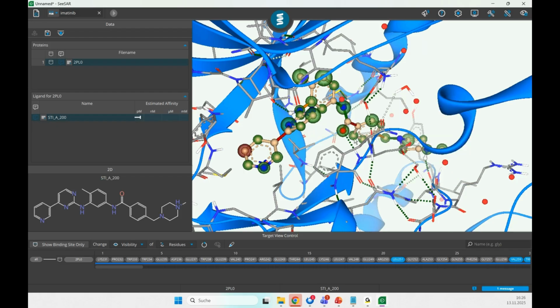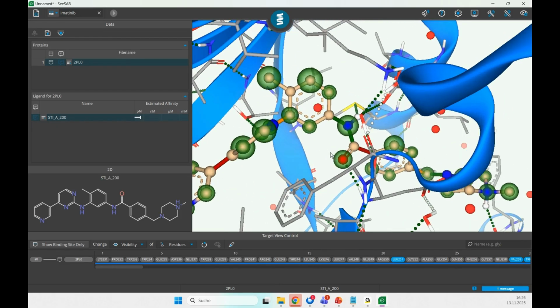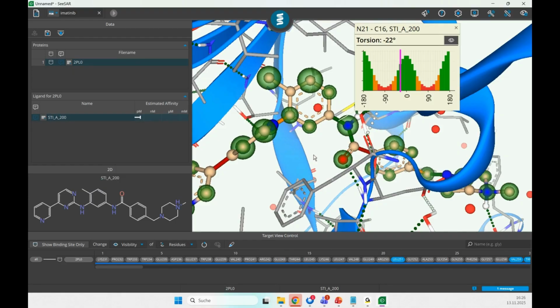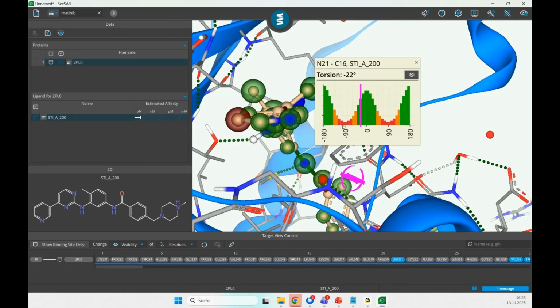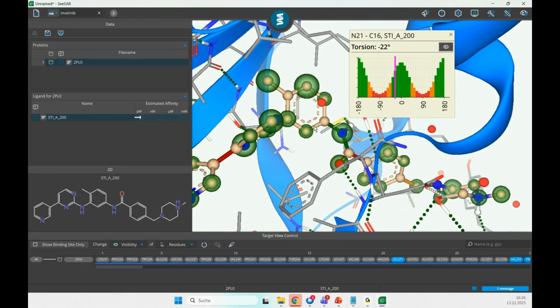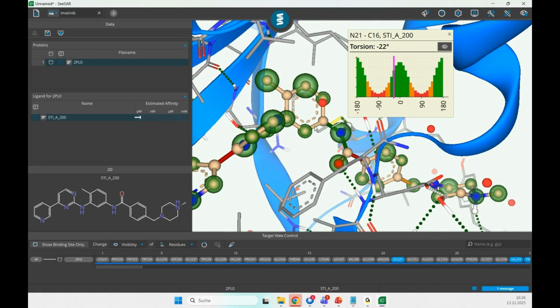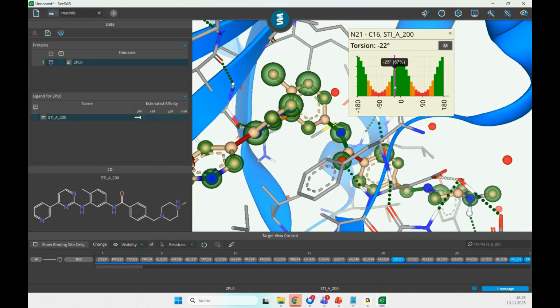And if we now take a look at a green one, like here, we can see the amide and the aromatic ring system are in one plane, exactly as we would expect it, without any additional substituents which lead to steric clashes. So we are good here. It's a green one, and you can also see how frequently this conformation is observed in reality as well.